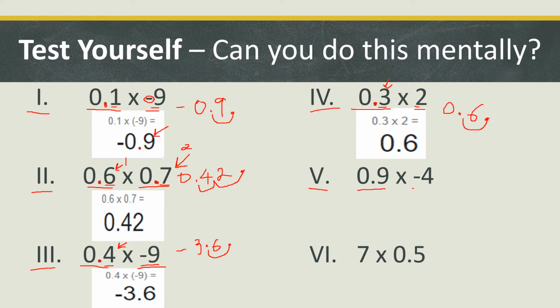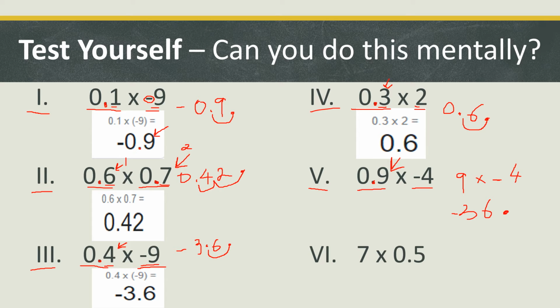0.9 multiplied by -4. As usual, we're going to remove the decimal point. So we've got 9 multiplied by -4, and we'll get -36. But as there was one digit after the decimal point here, which is 9, so there must be a digit after the decimal point in the answer as well.